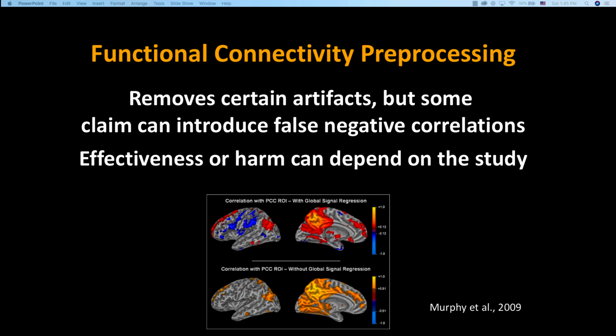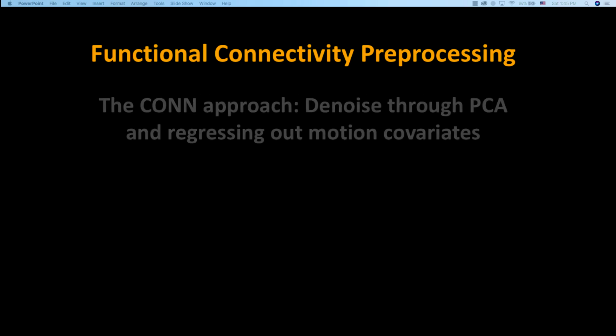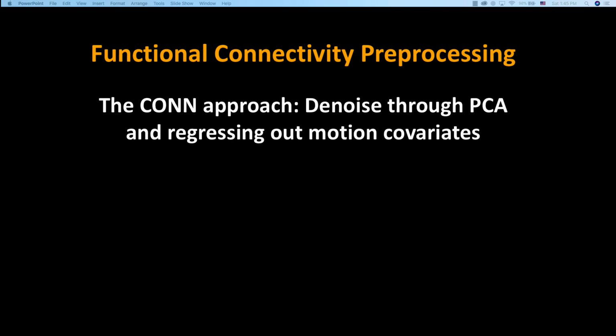Okay, fine. But what I will point out is that with something like the CONN toolbox, their approach is to denoise through something called principal components analysis. So what is this? What they will do is they'll segment the brain into the gray matter, the white matter, and the CSF. White matter and CSF in general, we're not interested in those. Those tend to be thought of as noise.